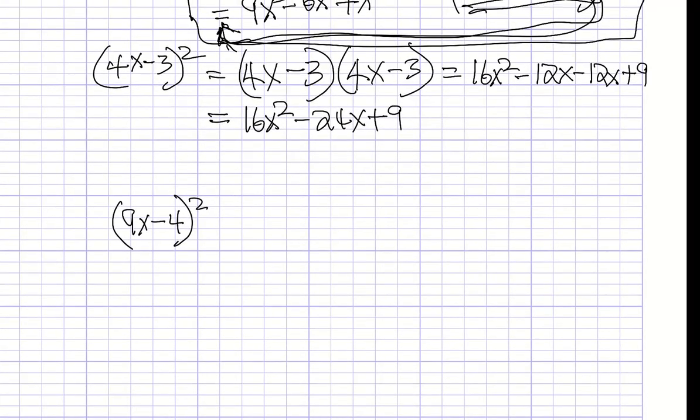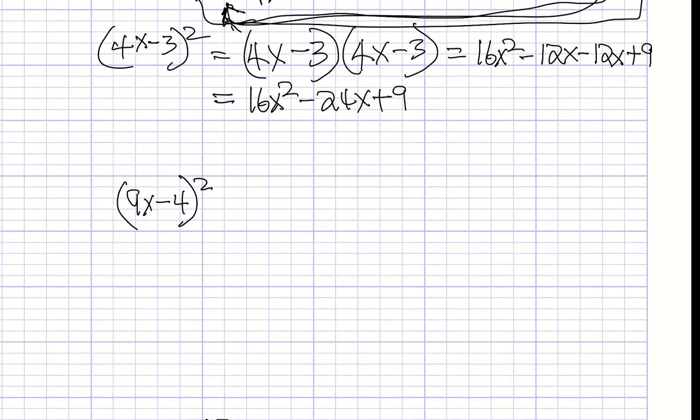Okay, so we keep moving on. See that one there? That one is 9x minus 4 times 9x minus 4.